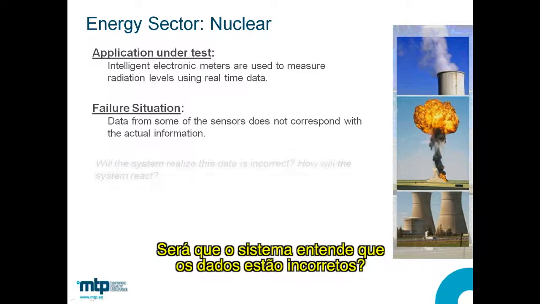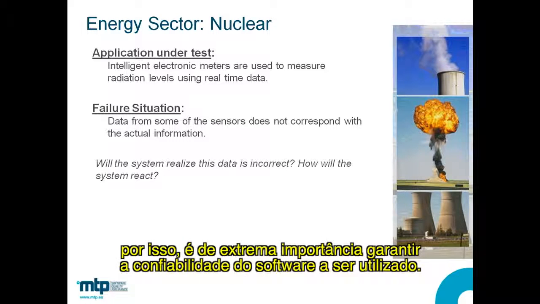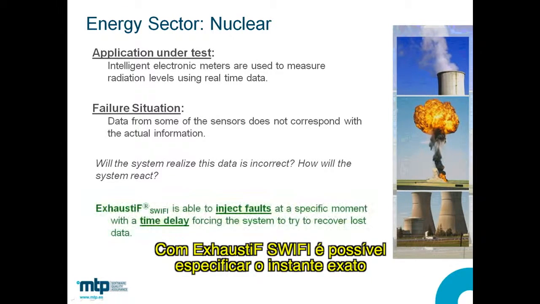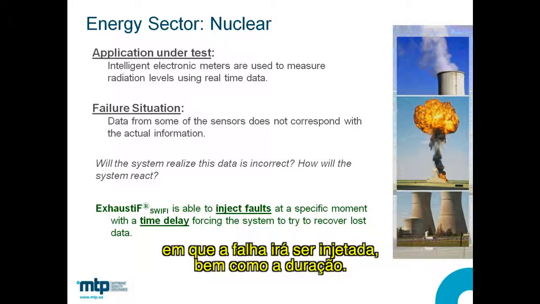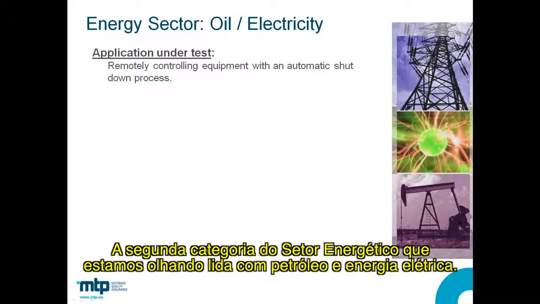Will the system understand that this data is incorrect? Failure in a nuclear plant can have catastrophic consequences. Therefore, it is highly important to assure the reliability of the software being used. With ExhaustiF SWIFI, it is possible to specify the exact instant when the fault will be injected, as well as the duration.